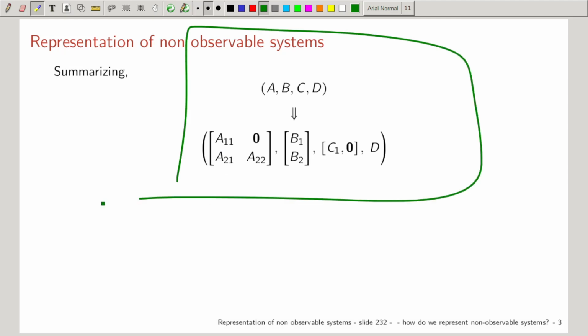Look at this structure here. We have some part that I can observe, you see? And there's some part that I do not observe. And this part doesn't percolate inside the part that I observe.